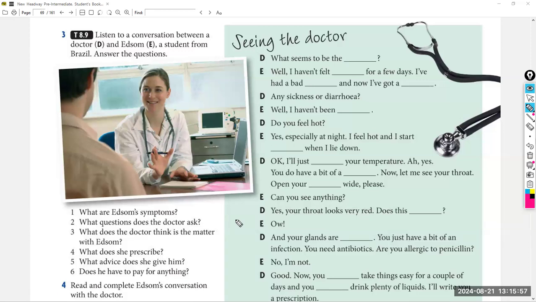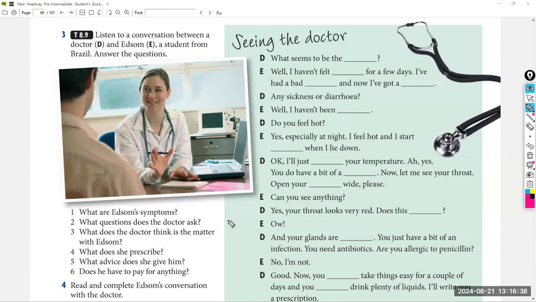Can you see anything? Yes, your throat looks very red. Does this hurt? Oh! And your glands are swollen. You just have a bit of an infection. You need antibiotics. Are you allergic to penicillin? No, I'm not. Good. Now, you should take things easy for a couple of days, and you must drink plenty of liquids. I'll write you a prescription. Thank you. Do I have to pay you? No. But you'll have to pay for the prescription. It's £7.20. Right. Thanks very much. Goodbye.